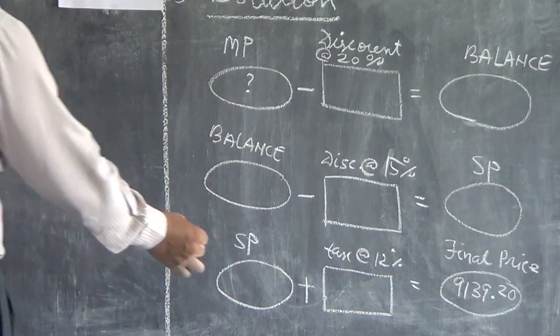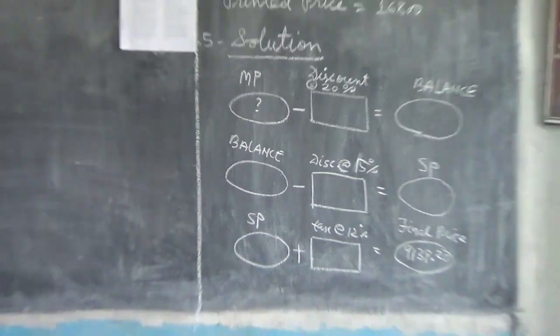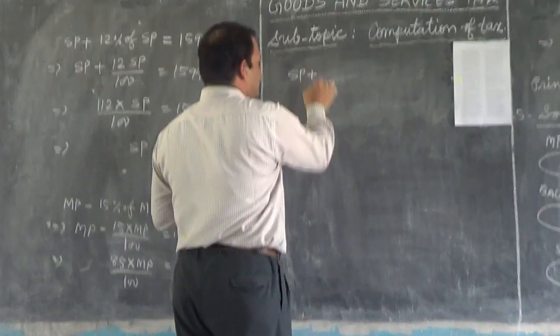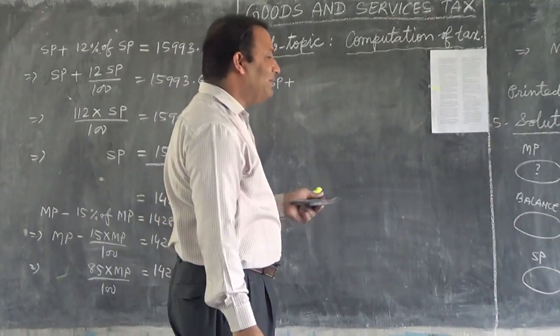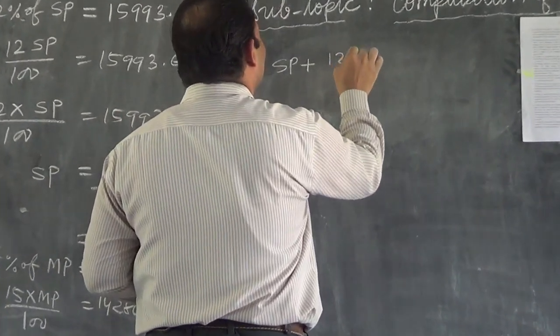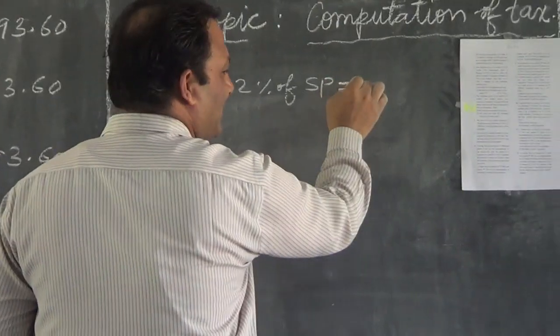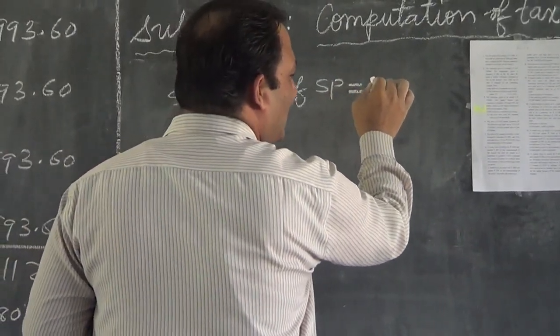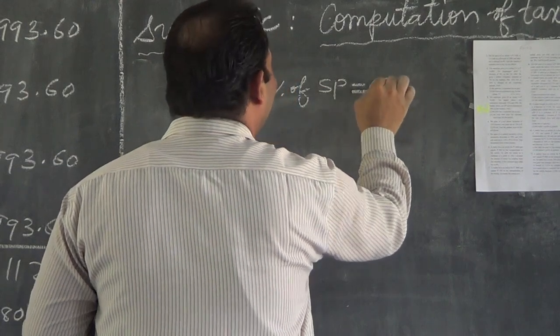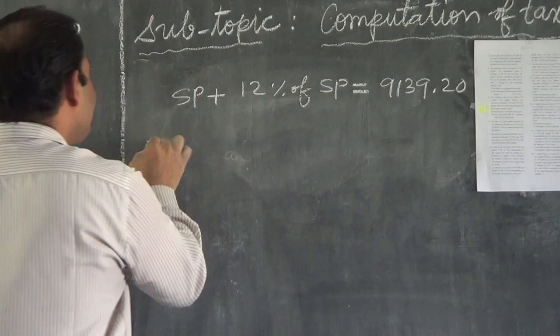So surely we can find here the SP. SP plus 12% of SP equal to 9139.20.